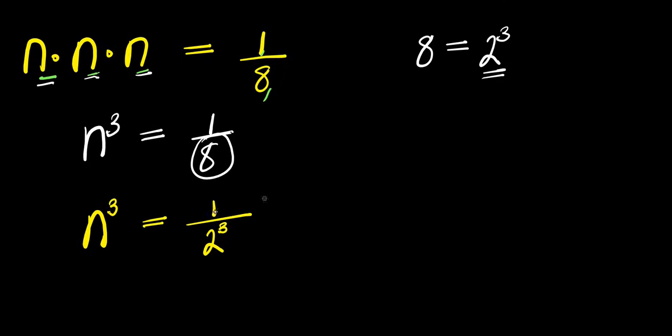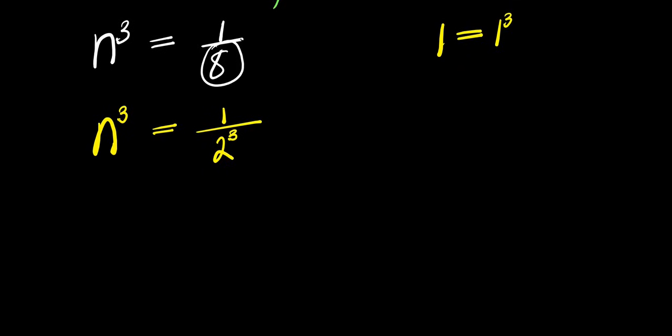Now, in order to solve this further, I can express this one as 1 to the power of 3, because 1 to the power of 3 is the same thing as 1. So I'm going to have n power 3 equals 1 power 3 divided by 2 power 3.